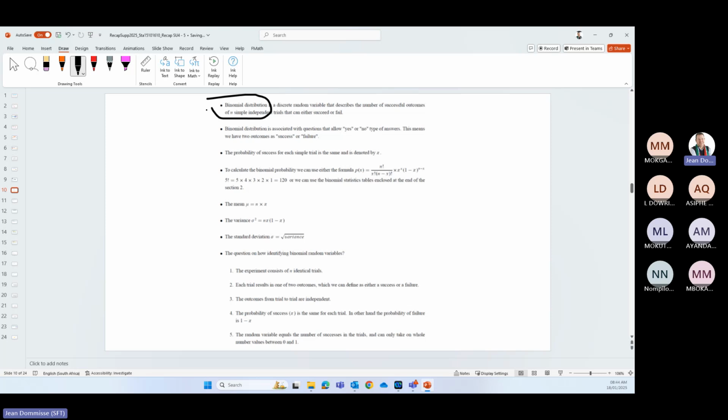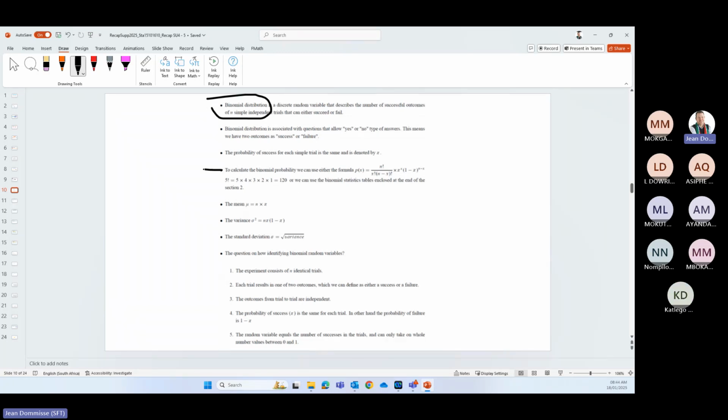Most of the time we will use the table. Sometimes, and I think I've got a question like that in, they ask a question around the formula, where they give you information to write out the formula. They will never ask you to work out the probability using the formula.